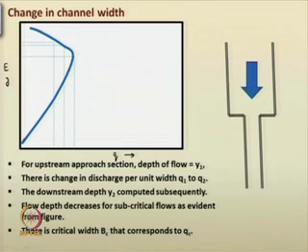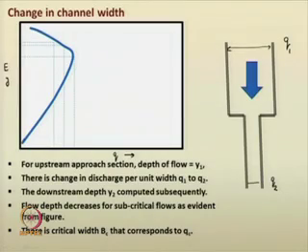So, for a given specific energy, you have been provided the depth of flow. Say the width is b. The discharge per unit width at this section is q 1, at this section it is q 2, right.